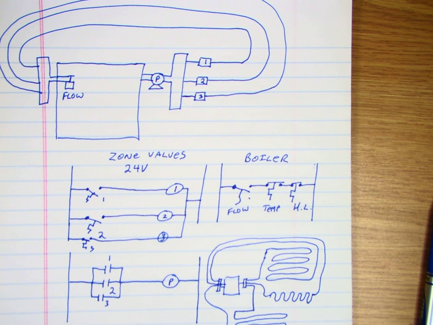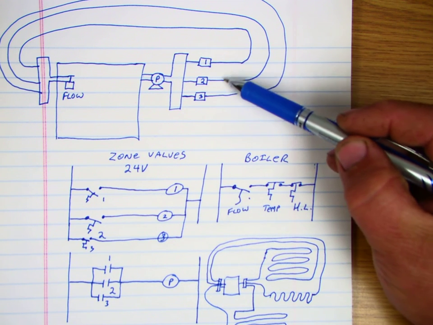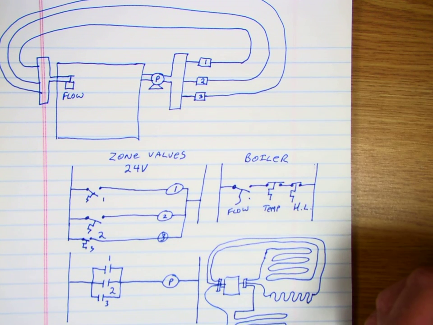The thermostats open and close the zone valves. When the zone valves open, they close a set of contacts which turn on a pump, and that sends our water through our boiler. There are other ways. You can have it so that you have individual pumps on each one of these lines.